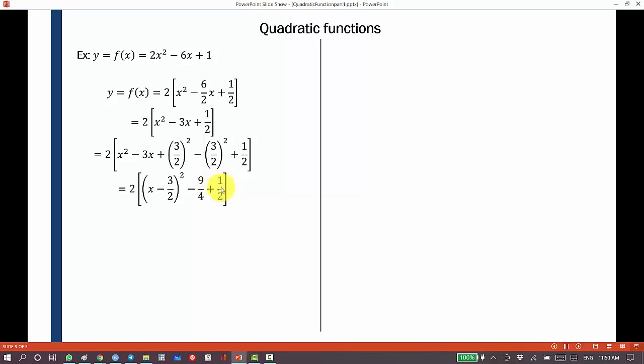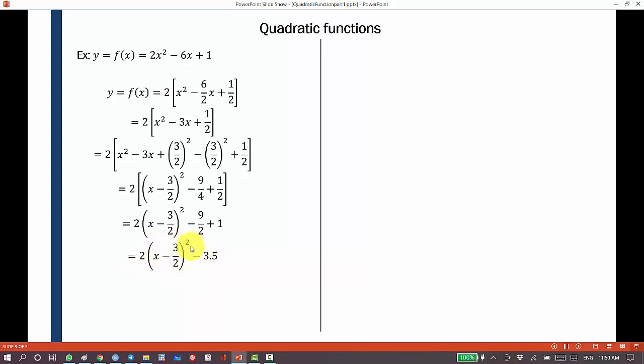This one is minus 9 over 4 plus 1 over 2. Some further simplification, multiplying this 2 with what is inside: 2 times x minus 3 over 2 all squared. 2 times minus 9 over 4 is minus 9 over 2. This 2 and this 2 make 1, so 2 times x minus 3 over 2 all squared remains the same. If you simplify these two terms, minus 9 over 2 is minus 4.5, and minus 4.5 plus 1 is minus 3.5.